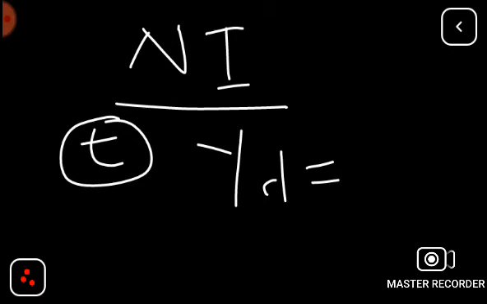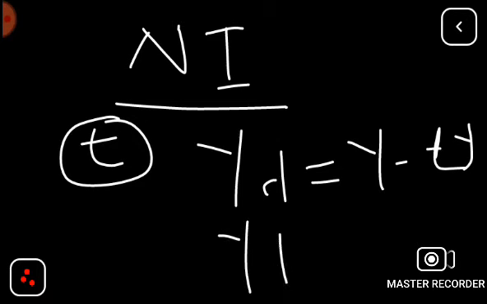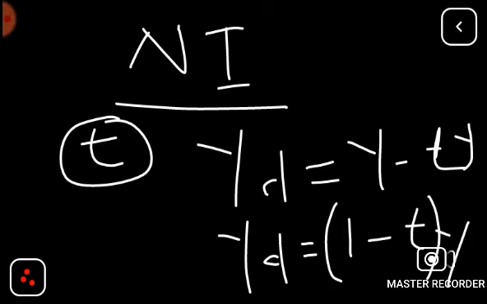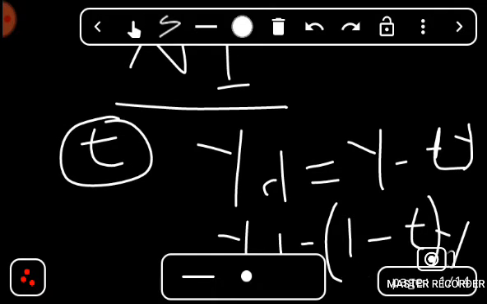Okay, so when you have a small letter t, then your disposable income is equal to Y minus tY. So in short, our disposable income becomes (1 minus t)Y. We are just factorizing Y, since Y is common. So our disposable income formula becomes that. Okay, so when you have a small letter t in the equation, just consider that formula.